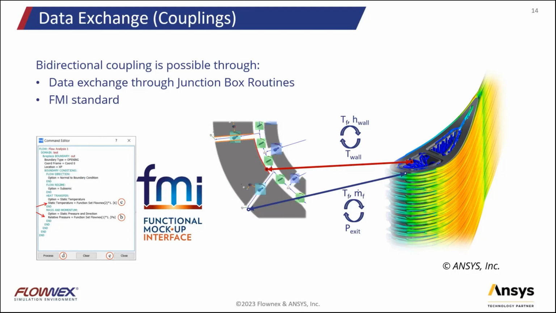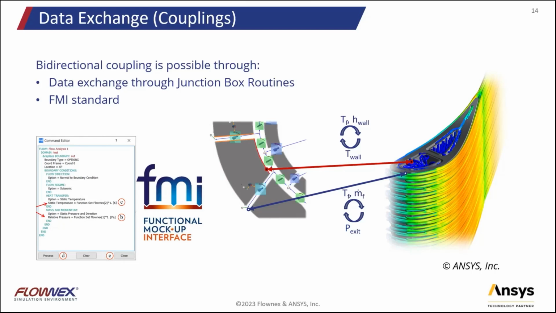On top of that, we also need to make a coupling for a heat transfer connection. This coupling needs to account for the temperature of the fluid inside of the blade, as well as the bulk heat transfer coefficient. These are calculated using the heat transfer components in Flownex and are passed to CFX. CFX then uses this in the heat transfer solution and passes the wall temperature back to Flownex.